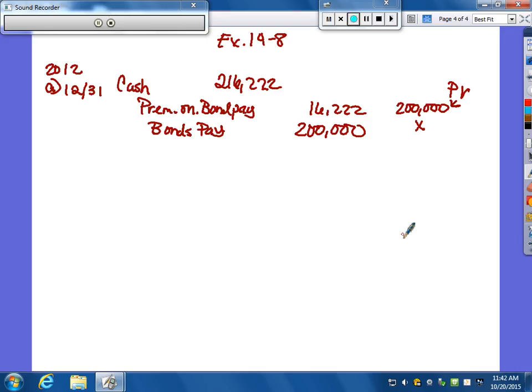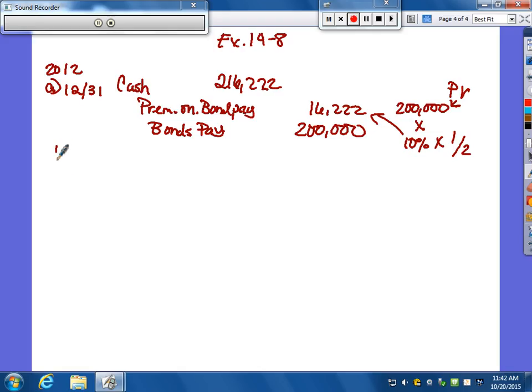Did it just give it to you? They didn't give you any interest rate or anything? No, just carrying value. 10%. If you did 10% and also multiplied it by 1/2, you would have still come to the premium. Gotcha.